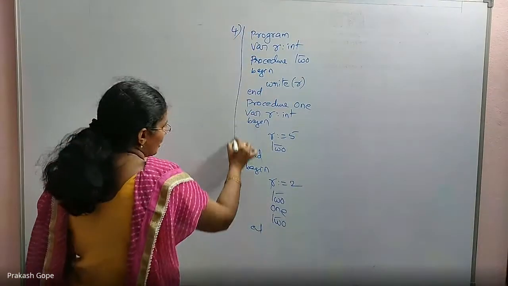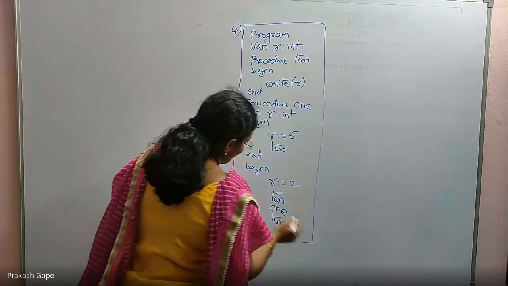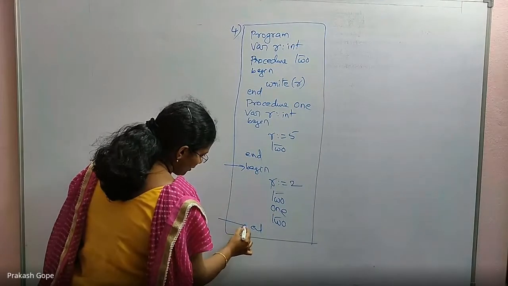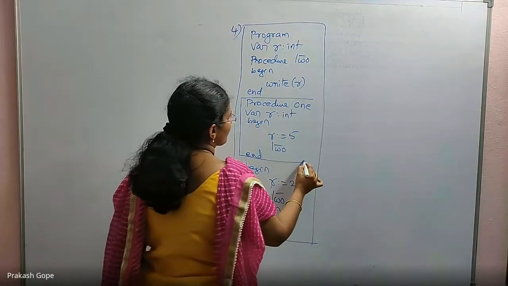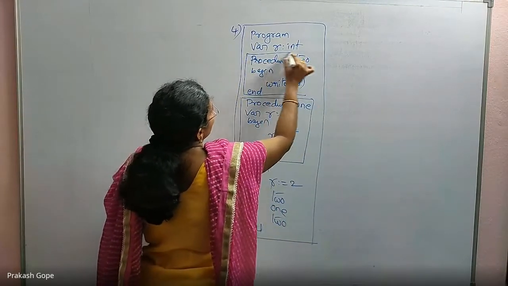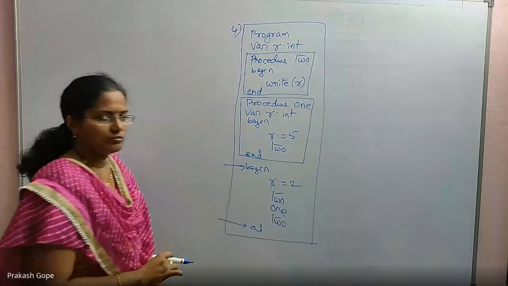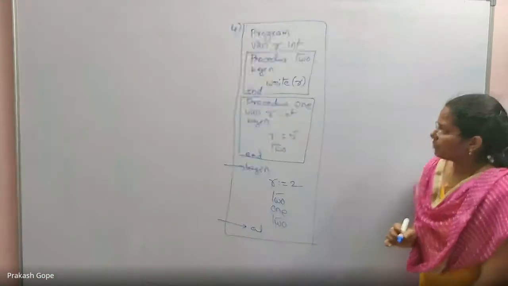So this is the actual program. Program execution starts here, ends here. This is procedure 1. This is procedure 2. Again, 2 questions: static scope answer, dynamic scope answer.